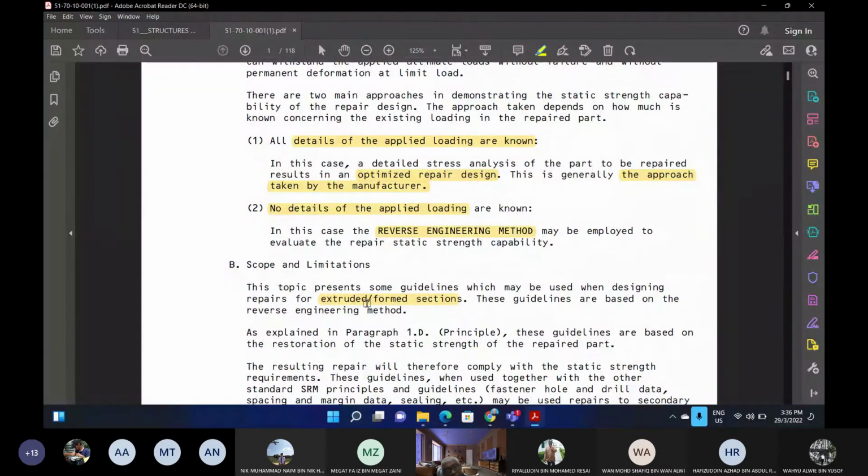Either you have skin or you have angle. The skin and angle put together can become spar, frame, or bulkhead. So that's how simple the concept is. So the structure repair design can also be very simple: either a doubler patch for the skin, and a splice doubler for the extrusion and the formed section.